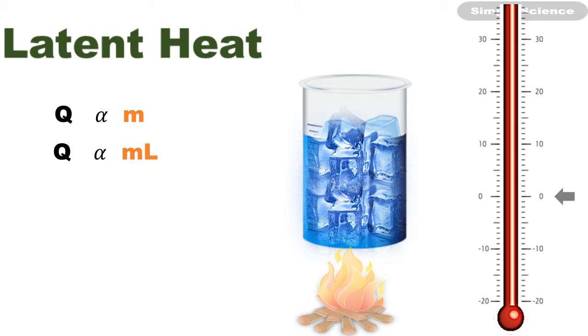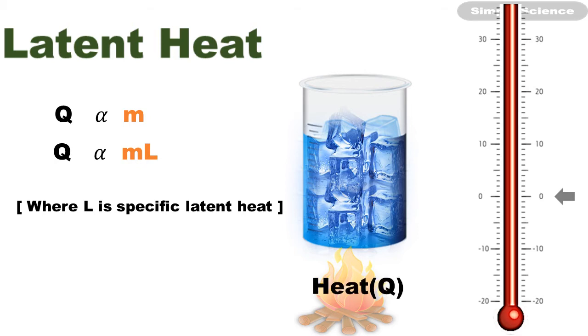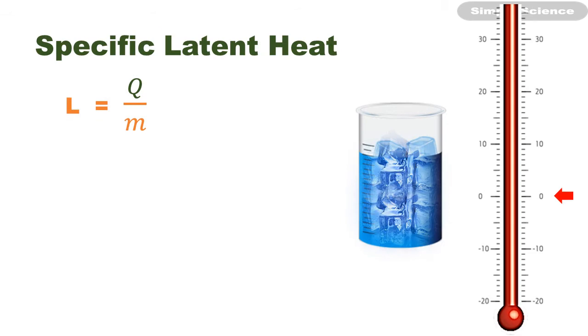And what is L here? L is called the proportionality constant, which is called specific latent heat. Q is the latent heat and L is the specific latent heat. And specific latent heat from this formula will be equal to Q/m. Now let us study about specific latent heat.